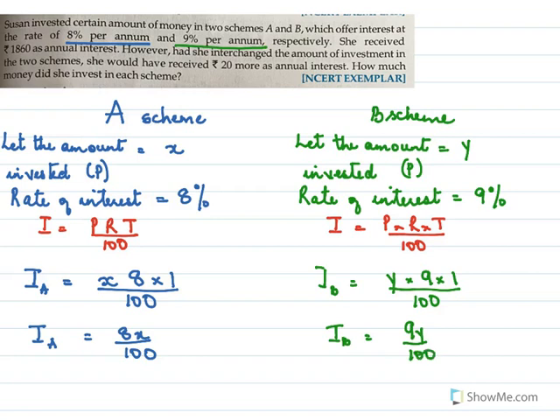Now it is given to us that the total annual interest gained is 1,860, which means interest in A plus interest in B is 1,860. In other words, 8x over 100 plus 9y over 100 equals 1,860.